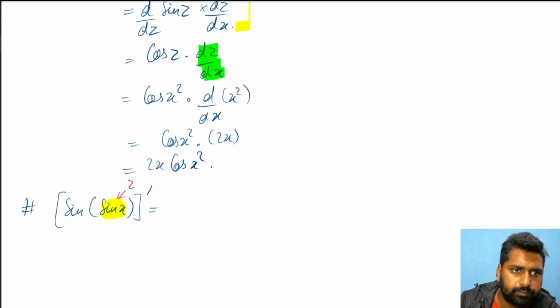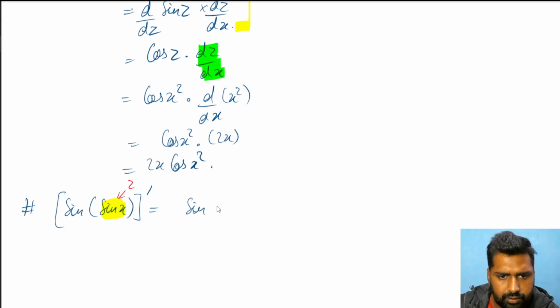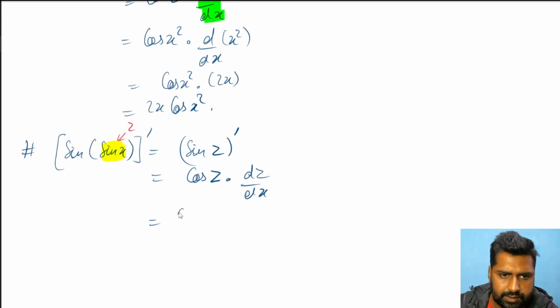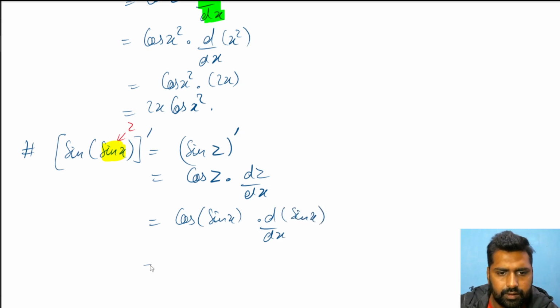Now the question will look like differentiation of sin z. What is the differentiation of sin z? Directly say it's cos z, and dz/dx will be additionally present here. So cos of sin x, and dy/dx of sin x is cos x. So cos of sin x into cos x.